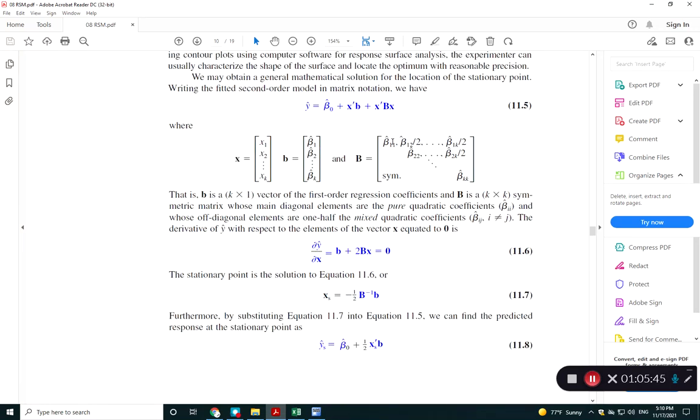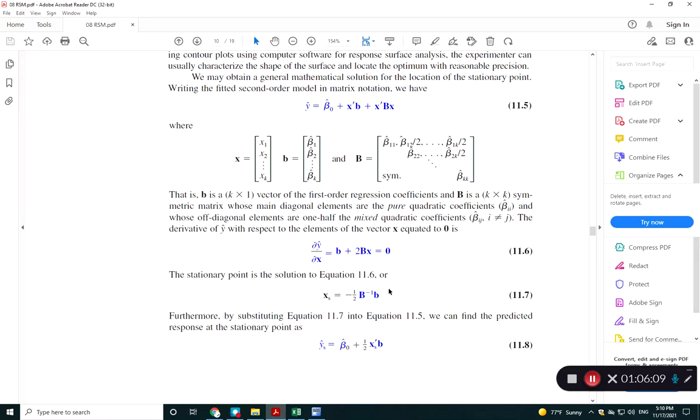Remember your high school algebra, ax squared plus bx plus c, and then how do you know it's convex or concave? There is a determinant check, b squared minus 4ac, greater than 0 or smaller than 0. Here is that in matrix form.